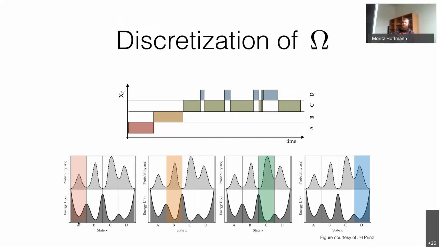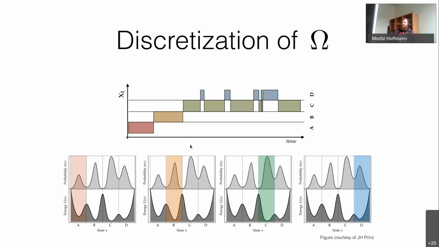So we would discretize our state space, and here we choose a perfect discretization, right? We perfectly discretize by resolving each of the probability wells and then having a boundary between the 2 states on the peak of the potential function.